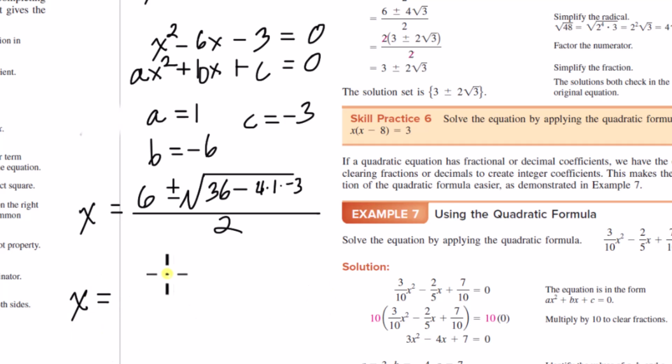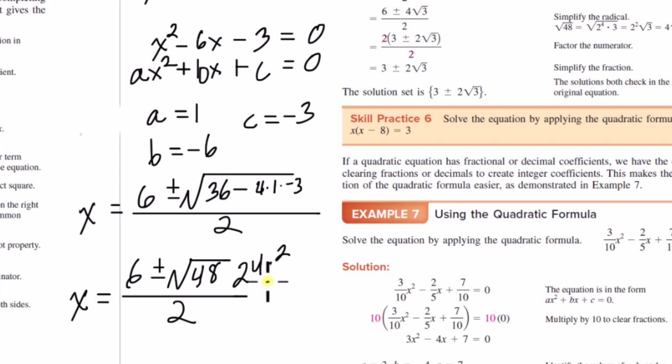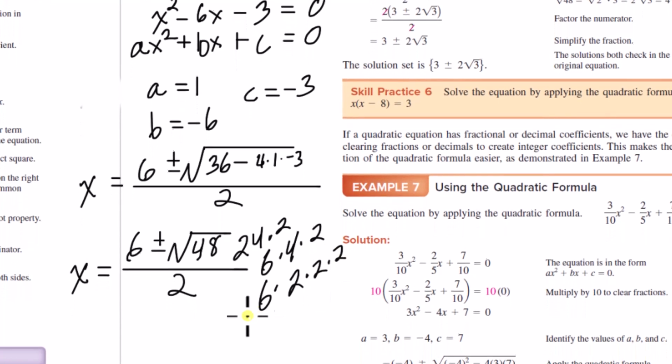Now let's see. 6 plus or minus, 36 plus 12 is 48, over 2. 48 is 24 times 2, that's 6 times 4 times 2, that's 6 times 2 times 2 times 2.